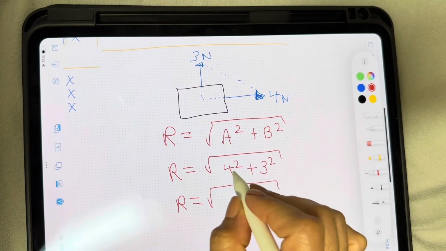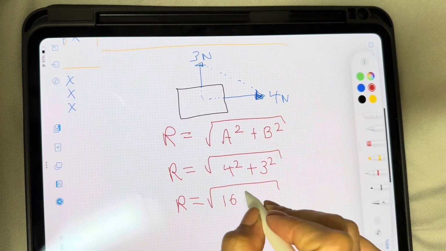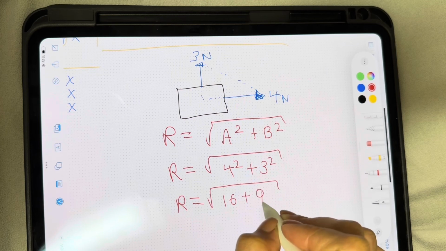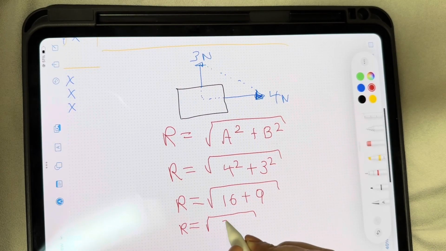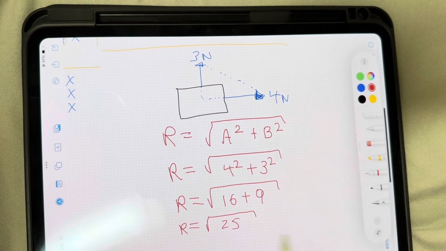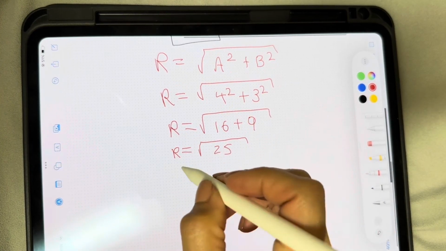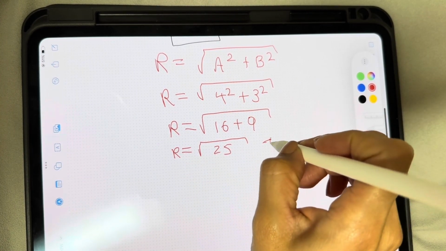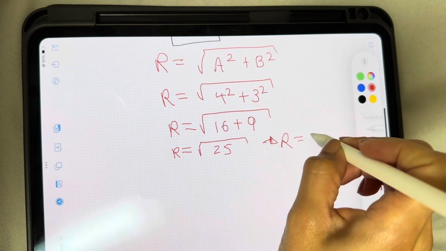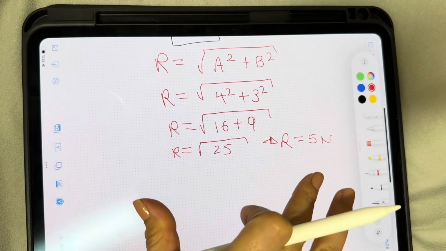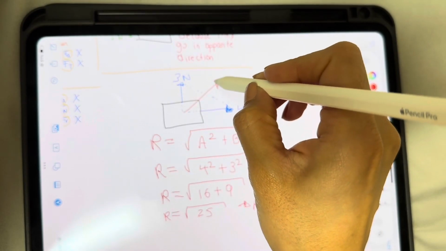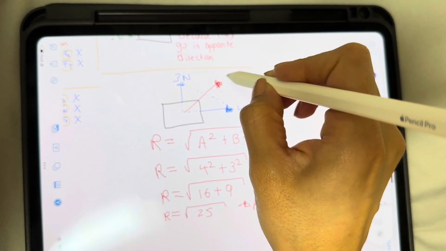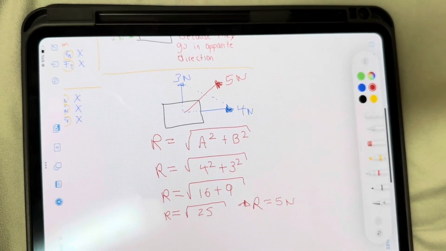So 4 to the second power is 16, 3 to the second power is 9, 16 plus 9 is 25, and the square root of 25 will be 5 newtons. So the resultant will be 5 newtons diagonal. Okay?